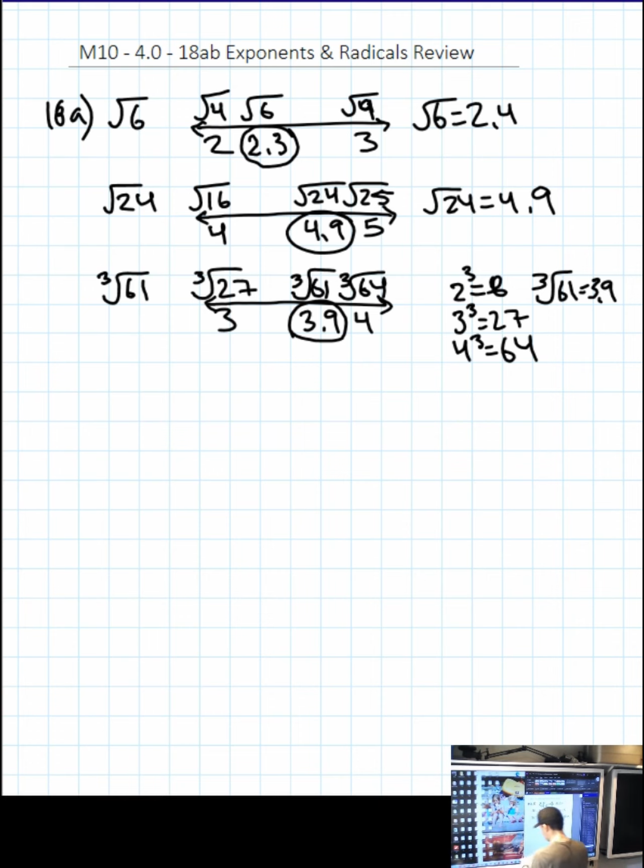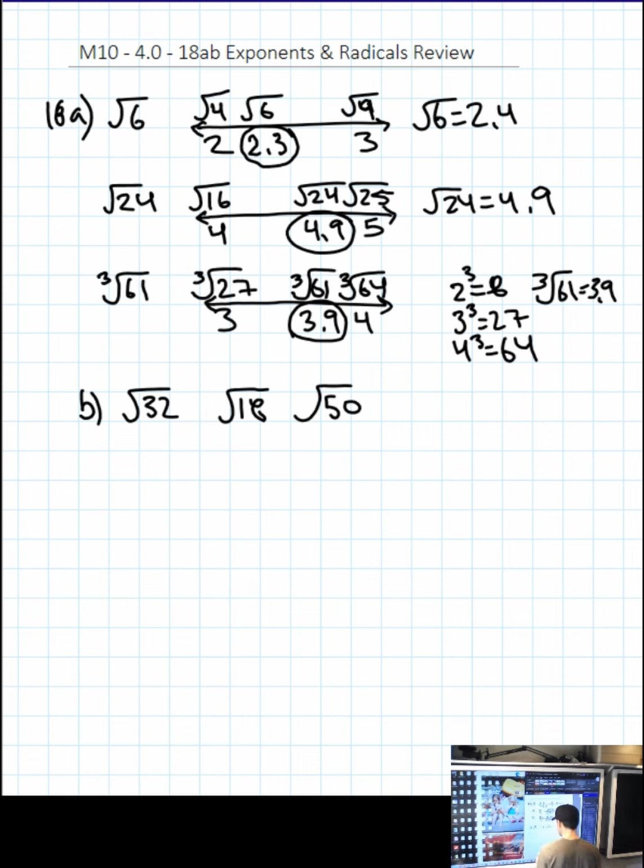Okay, so then in B, when they ask us to arrange things from least to greatest, we have the square root of 32, we have the square root of 18, and the square root of 50. So in these questions, we would just do exactly what we did above.